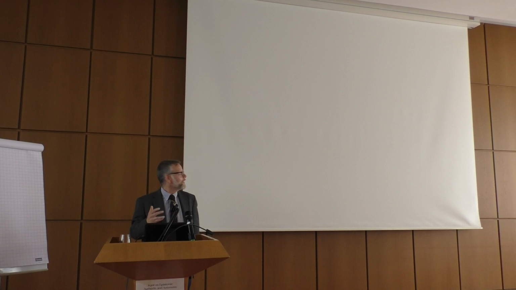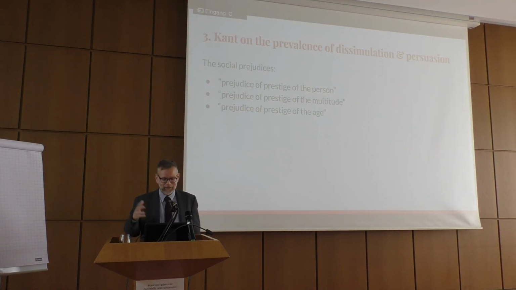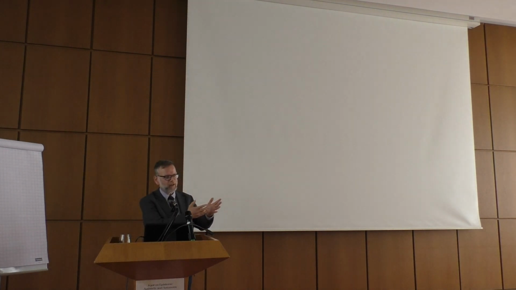I guess because they think that Vikings are white nationalists from thousands of years ago or something like that, right? But that would be a form of the prejudice of prestige of the age, right? So they're just relying on the fact that this was done in Viking times, so I should do it too, right? That would be the idea.